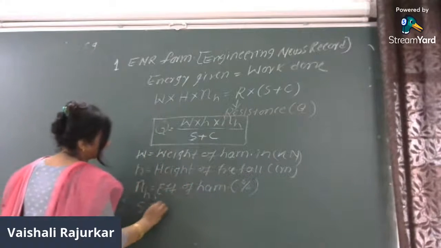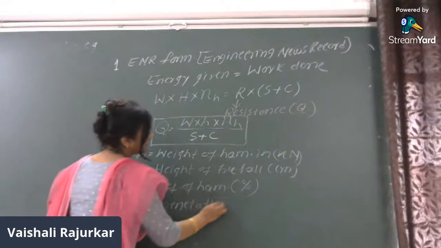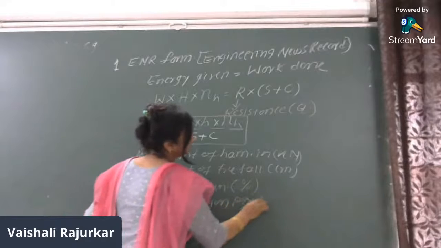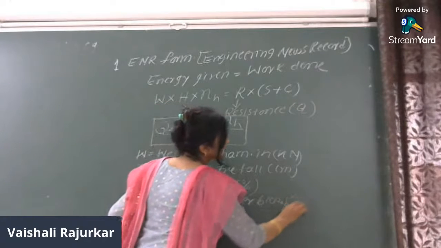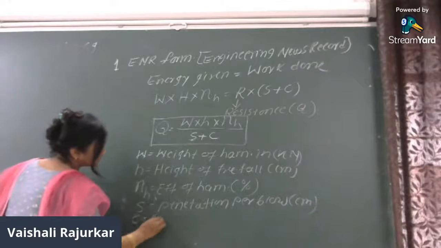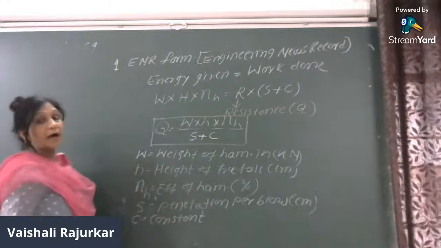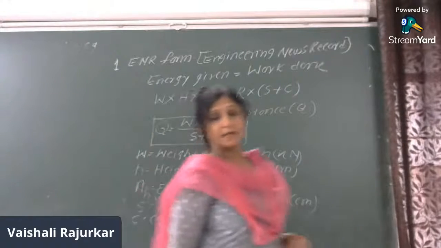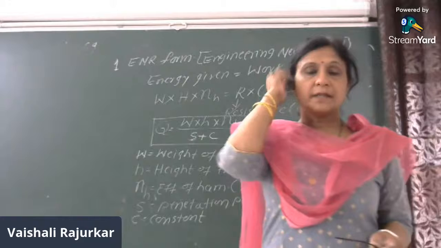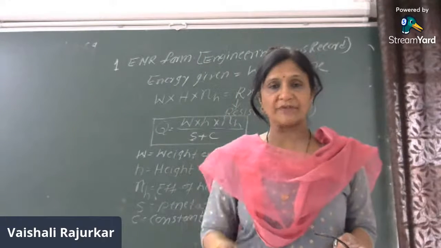Then S is the penetration per blow, which is again given in centimeters. And then C is a constant. Now, how is this constant determined? This constant again depends upon the type of hammer that you are using for driving the pile.